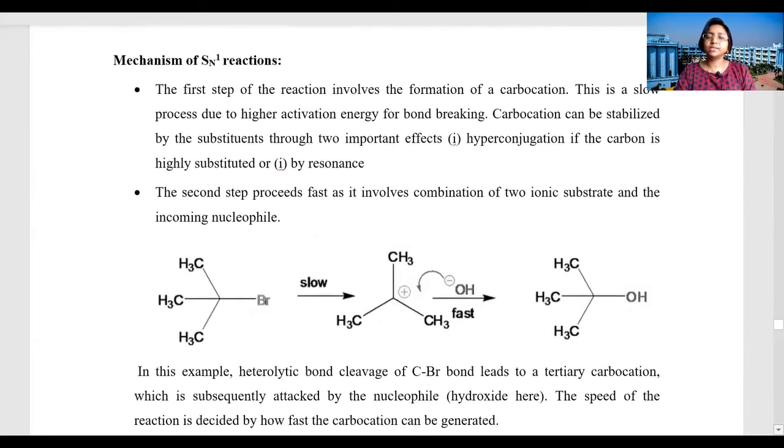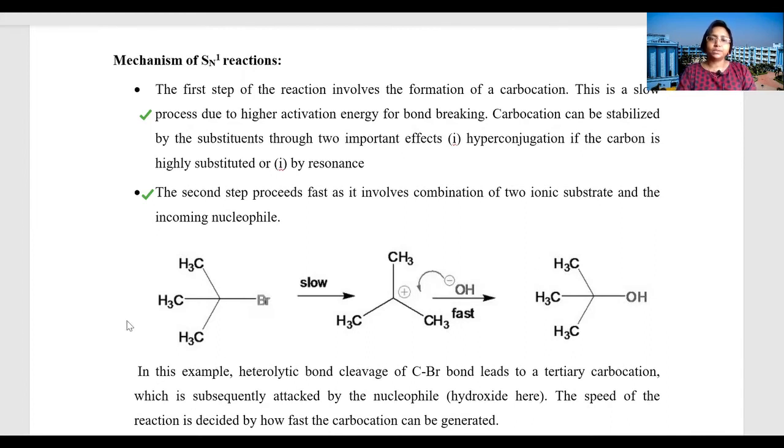And what happens in the second step? The second step proceeds fast, as it involves combination of the two ionic species, the substrate and the incoming nucleophile.